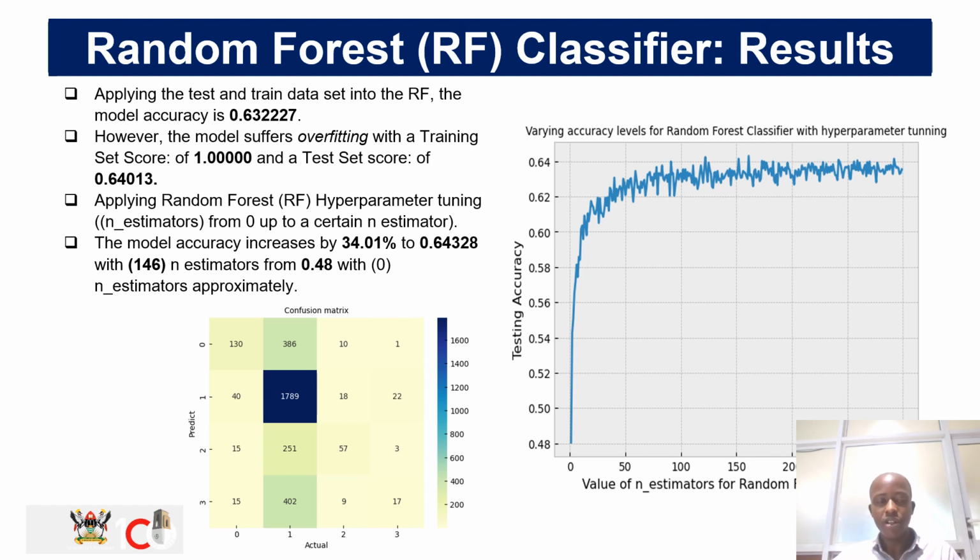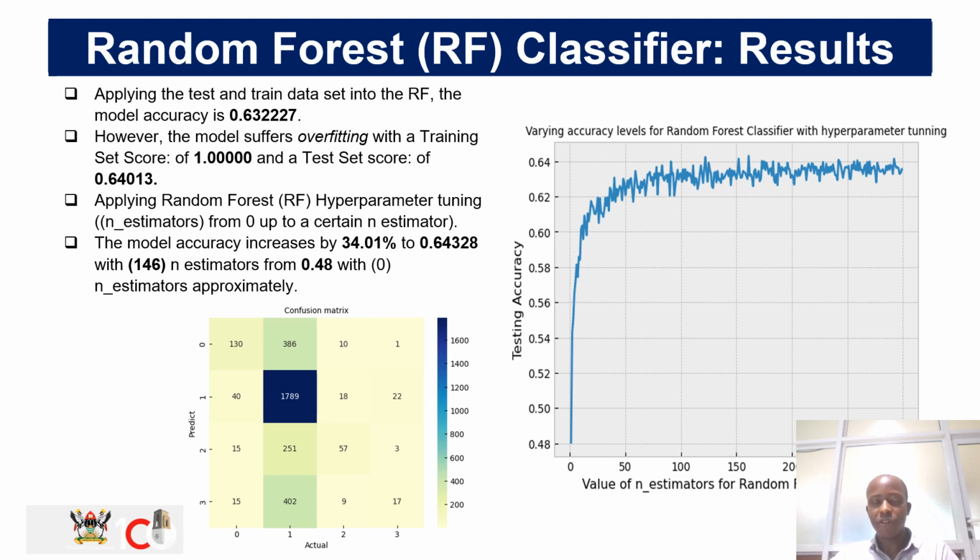the accuracy. So what we did, we ran a graph on the number of estimators from 0 to a certain estimator, which will give a maximum accuracy value. And in this case, we see that the accuracy increased by 34% to 0.64328 with 146 estimators. So looking at the confusion matrix, you see that the model perfectly predicts clients who are most likely to have a viral result below 50 copies, unlike other levels.